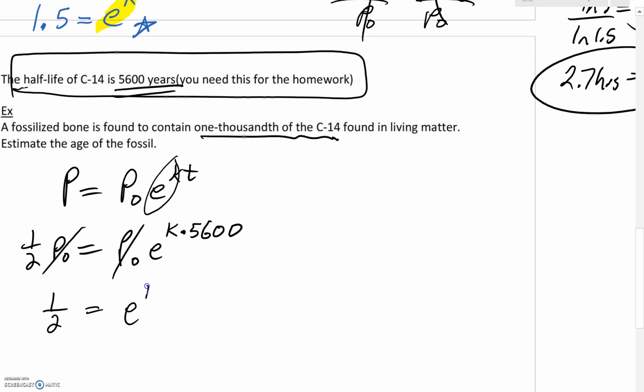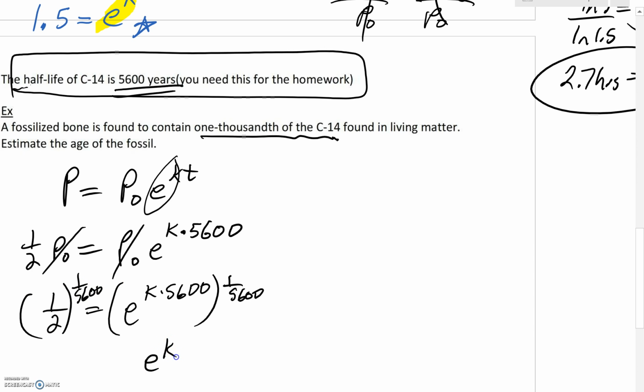And how could I solve for e to the k? How do I get rid of this 5,600? You've got to raise it to the 1 over 5,600, right? And that, honestly, is what this thing is going to become. So when I come back here, I've got p sub 0 e to the kt.